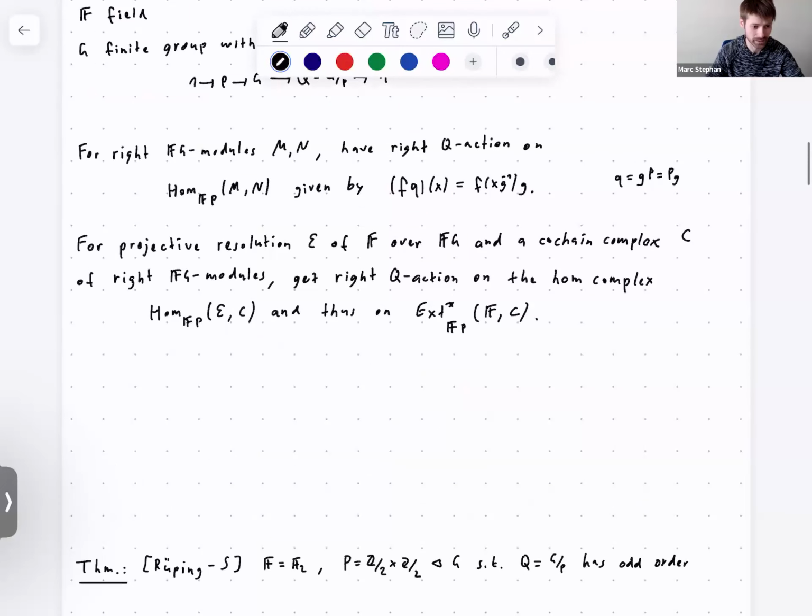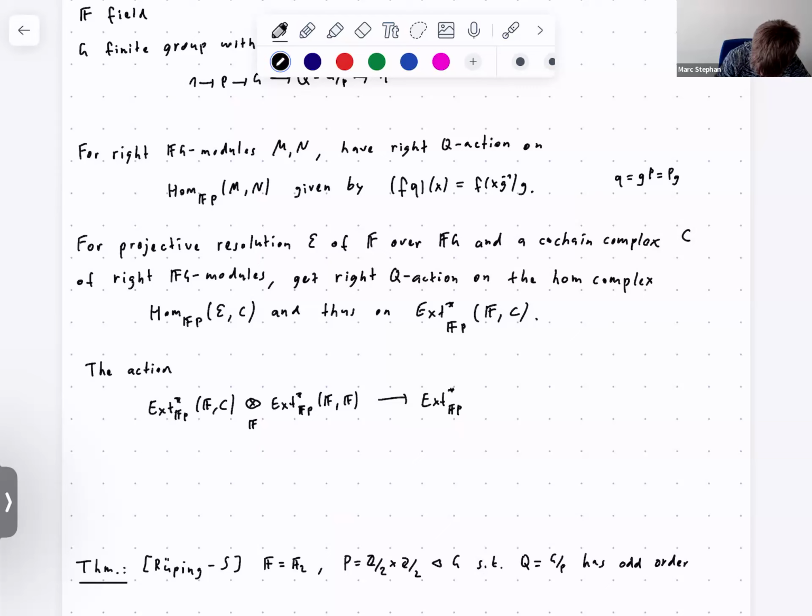And one additional fact is that if we look at the action given by composition of Ext groups, Ext_FP from C to C tensored with Ext_FP from F to C, then from composition we get this action map to Ext_FP from F to C. On the left-hand side, we can take the diagonal Q action, and we have a Q action on the right-hand side. So this is a map of Q modules.